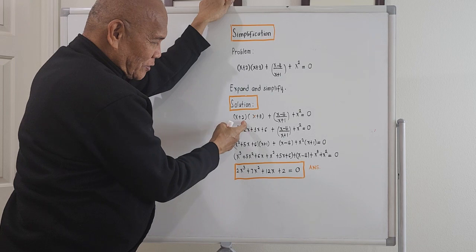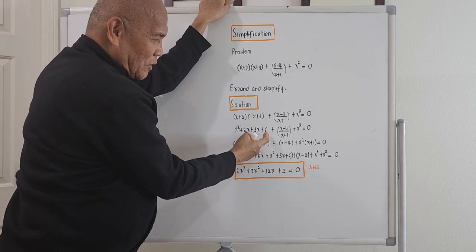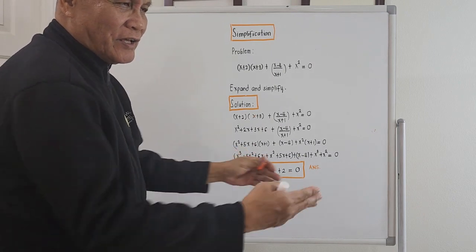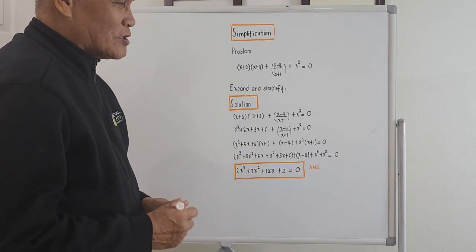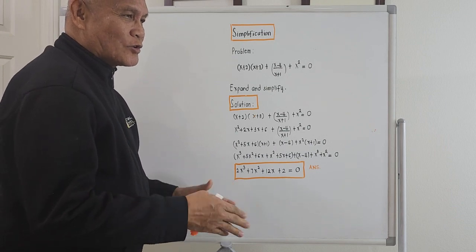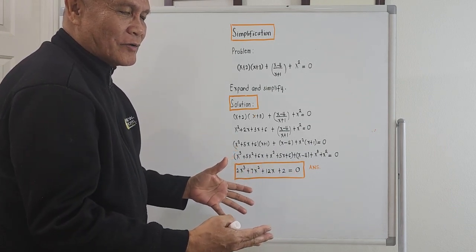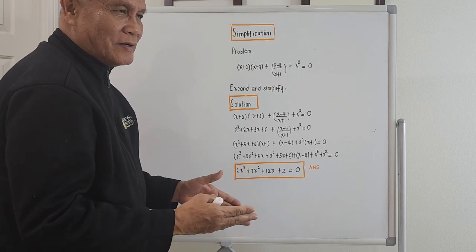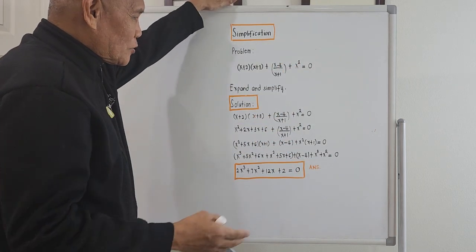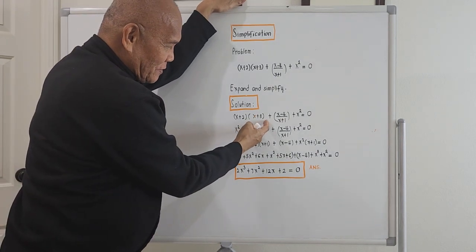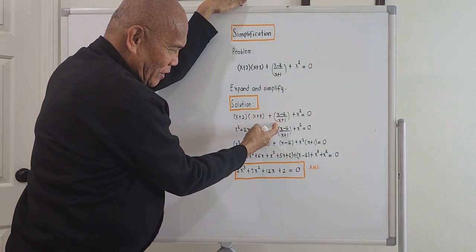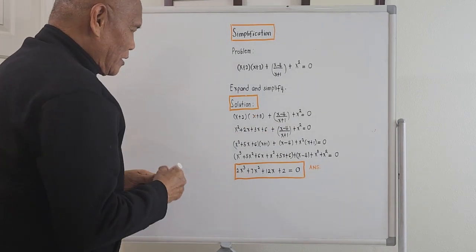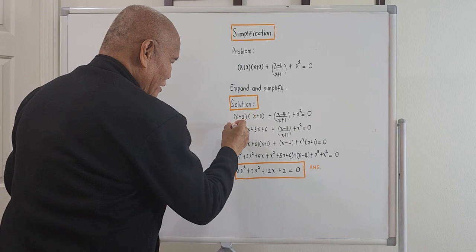And the last part is 2 times 3, which is plus 6. There's no hard thing on that one. As long as you know the so-called laws of exponent and how to put the proper sign, that's it. Let's proceed with the next one: plus x minus 4 over x plus 1 plus x squared. So actually we simplified the first one already.